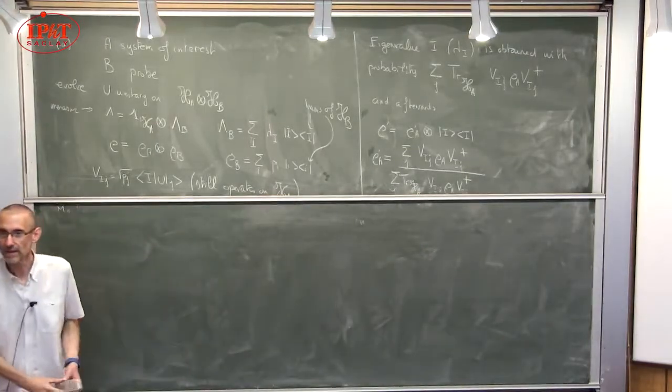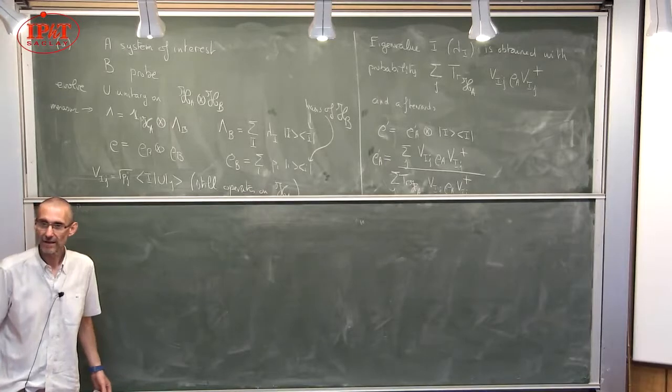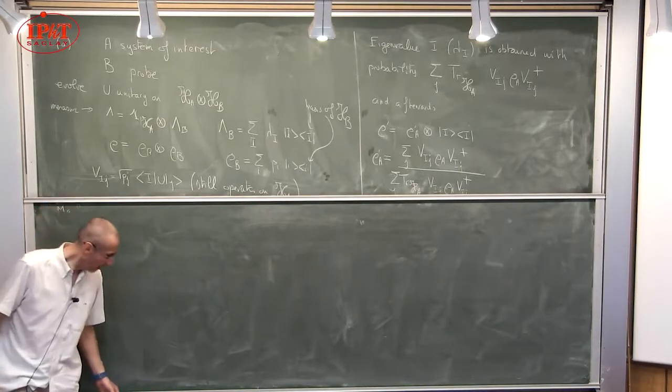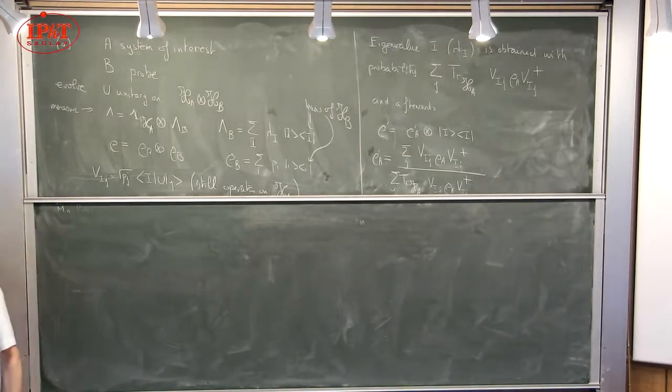Why do you use the factorized state rho A times rho B? Oh, this is an assumption, of course.